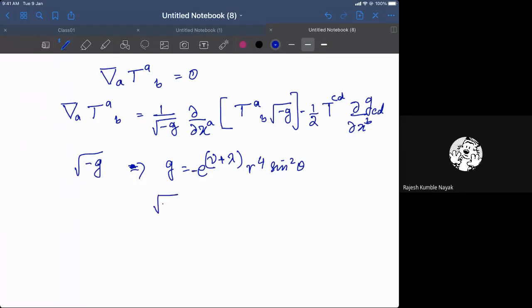So the square root of minus g is equal to e to the power half into (nu plus lambda) r square sine theta. This is the determinant of the metric tensor taken under a square root. This comes very often. So that is the value which we have. Now we have to compute the divergence.